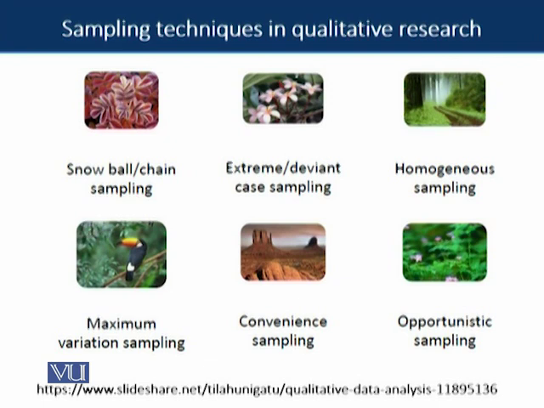The last kind of sampling given here is opportunistic sampling, which is also called emergent sampling. Emergent sampling means the samples are decided during the process of collecting data. Because it is emergent in nature, it is selected in the field while the research is going on, when particular knowledge of a setting or context is known to the researcher, and the researcher decides to go for a particular sample.